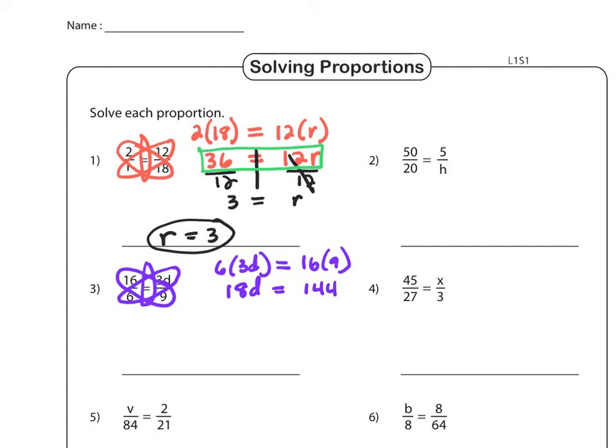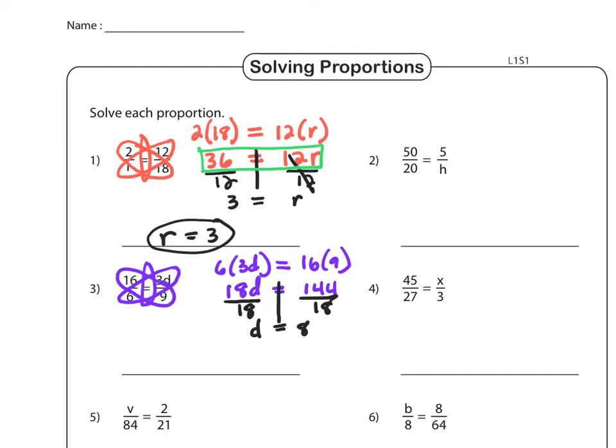Now comes the solving part. So I want to know what d is, so I'm going to build my wall. I'm going to divide by 18 so I can isolate d. Divide by 18 on both sides, and d equals 8.